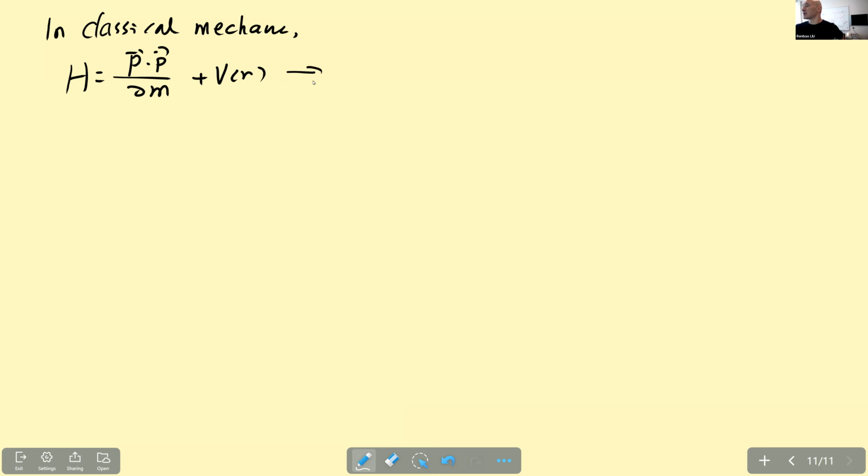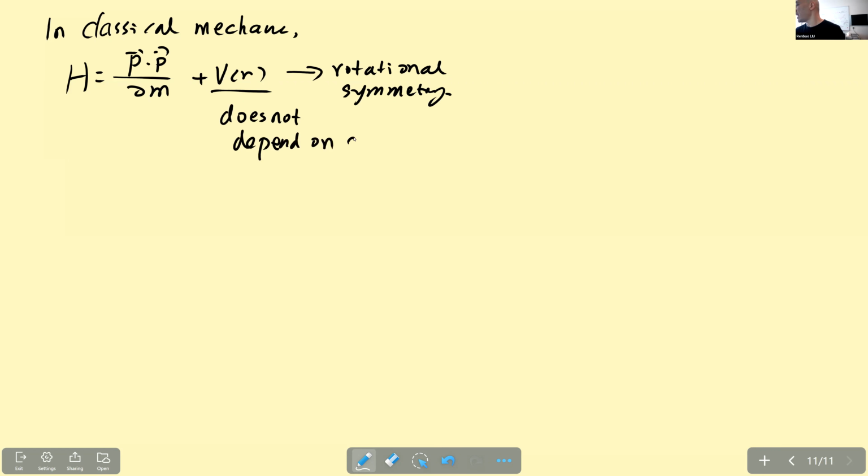So this has rotational symmetry. The reason is that if we do a rotation, of course, V does not depend on angles, right? So that means no matter how you rotate the system, the potential is not changed.